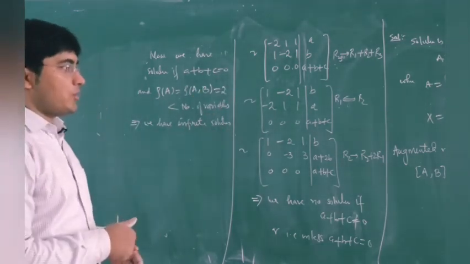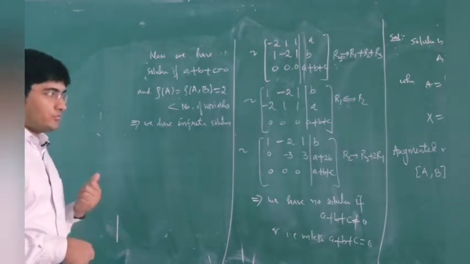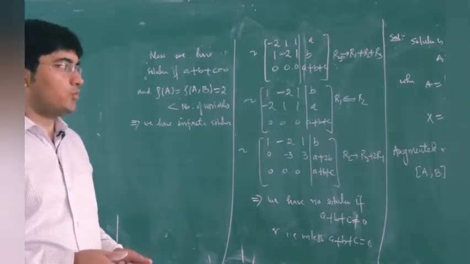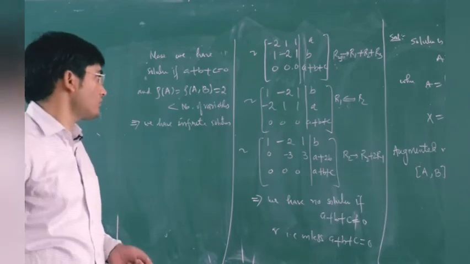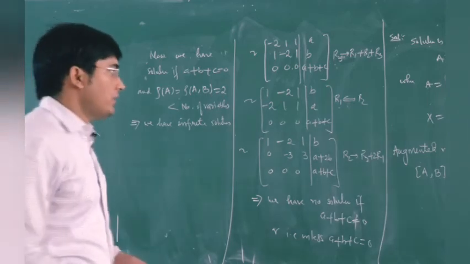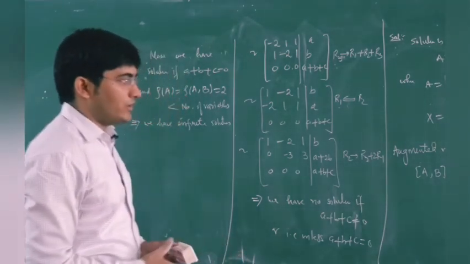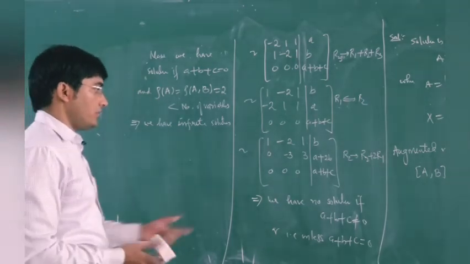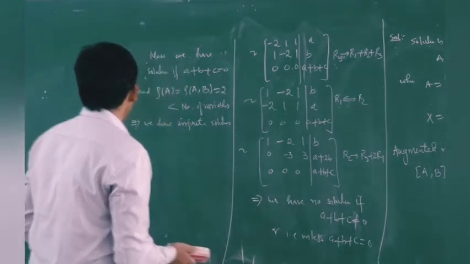Now the third part of the problem, we have to solve the system for A equal to 1, B equal to 1 and C equal to minus 2. So let us put A equal to 1, B equal to 1 and C equal to minus 2 here.